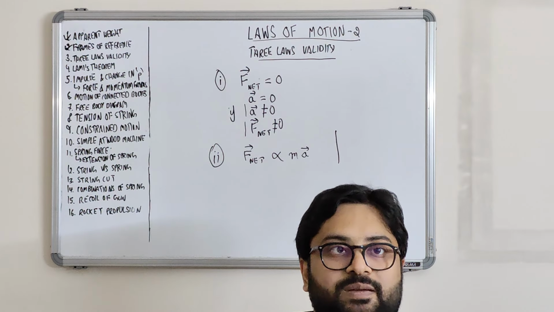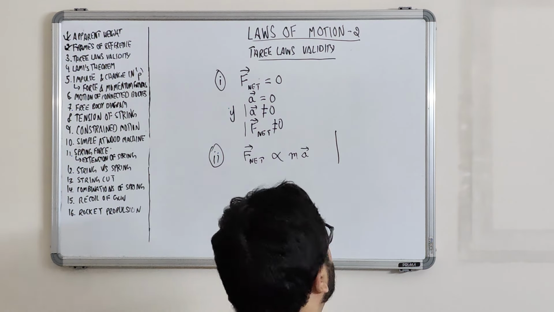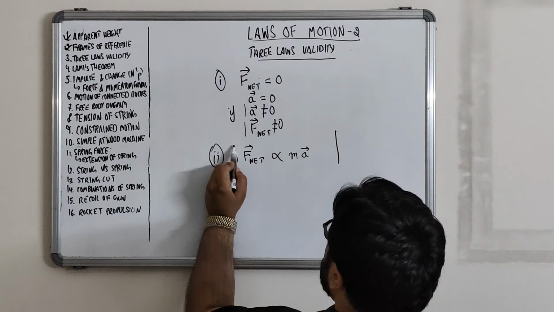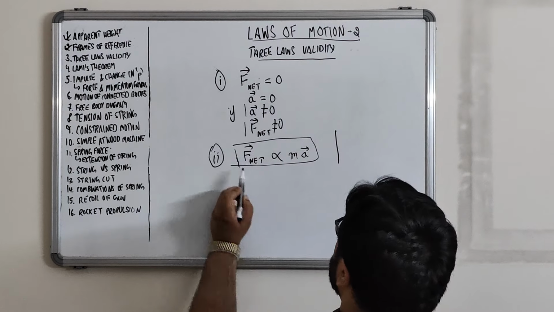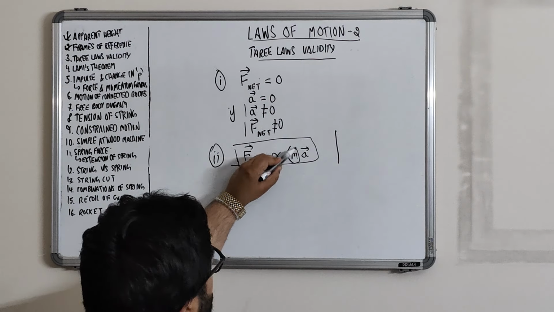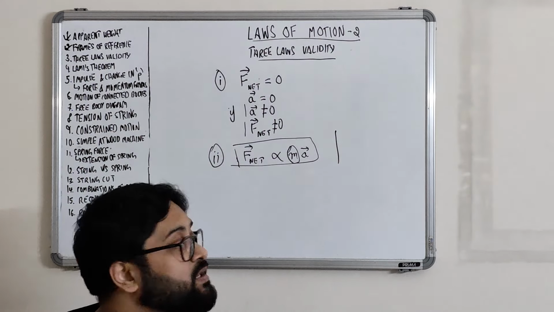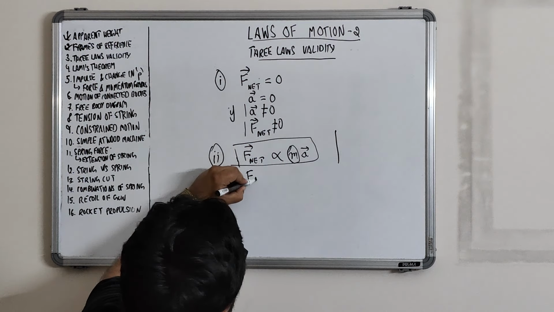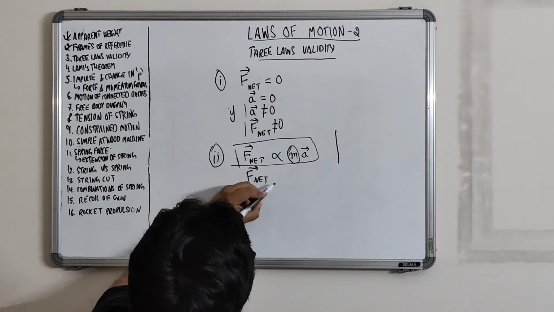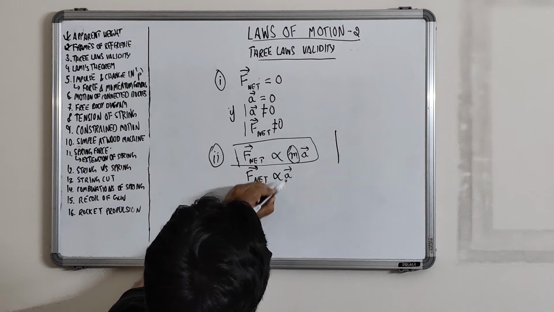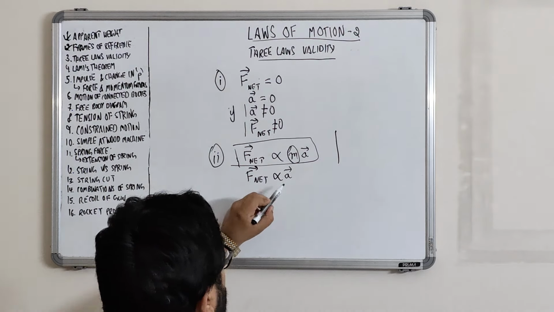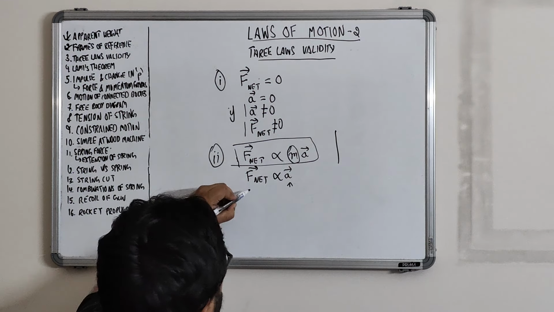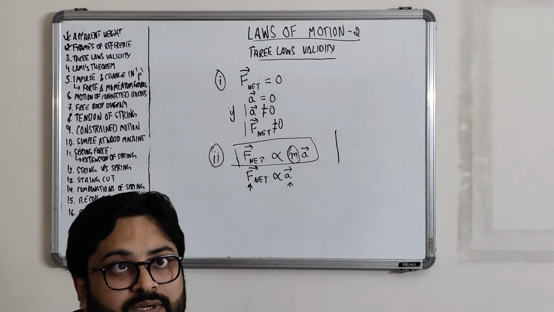It's not a variable mass system, it's a uniform mass system. So the mass is constant, therefore F net is directly proportional to the net acceleration. If acceleration is 0, F net must be 0.